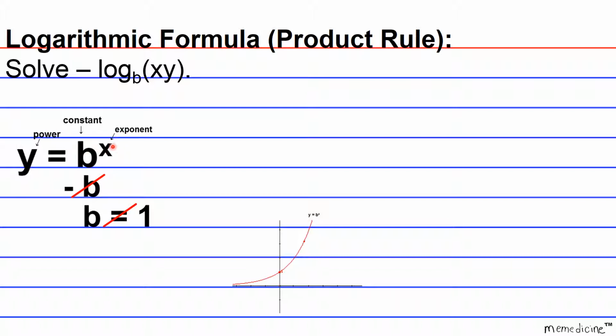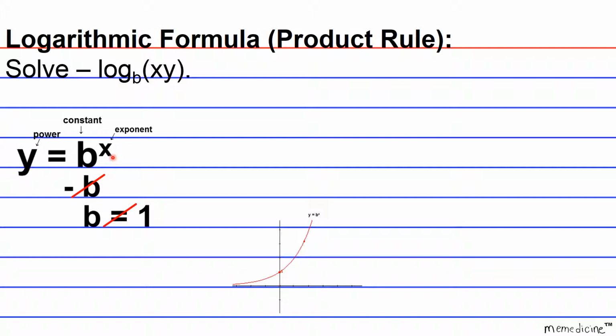An exponent is what you're raising the base to, the amount of times you're multiplying the base by itself, and the power is the result. For example, if the value of the exponent were 2, then y is the second power of base b, which corresponds to an exponent of 2.